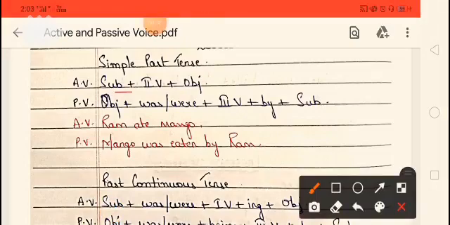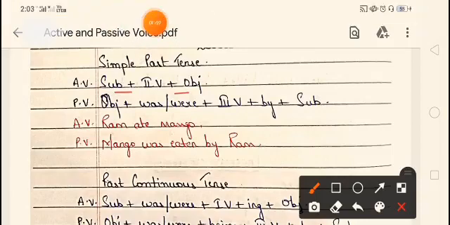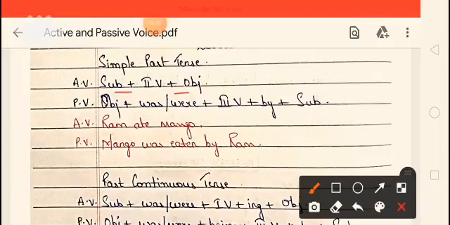When we convert into passive voice, the object will go in place of the subject. Then the helping verb of simple past tense is used according to the singular or plural of the object, then plus third form of the verb plus by plus subject.